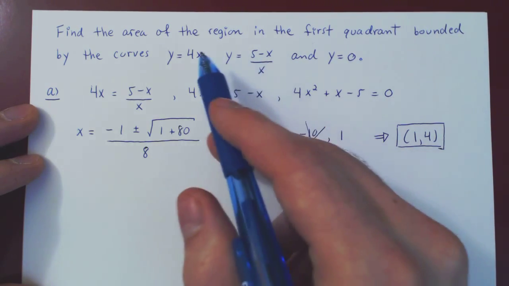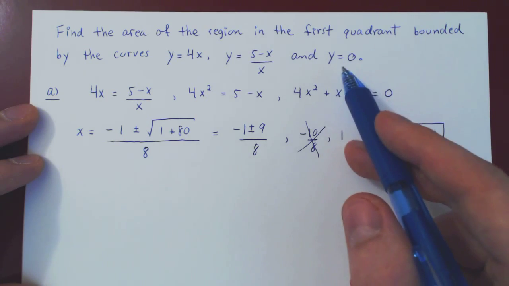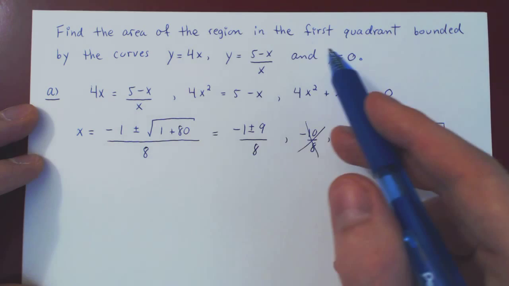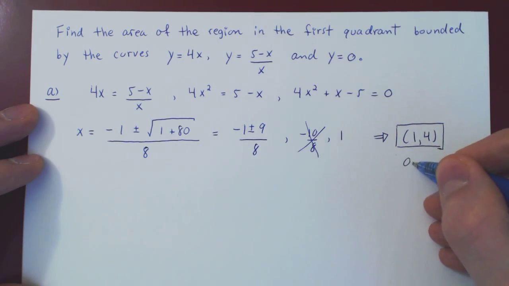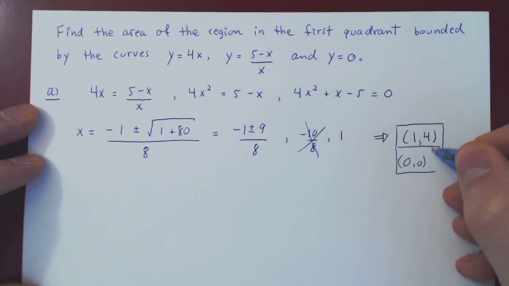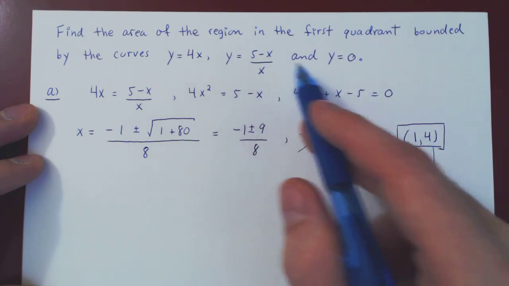And we can see if these two curves also intercept with y equals 0, the x-axis. Well, clearly, y is 0 here when x is 0. So we have the origin, (0, 0). This is pretty trivial. And what about this curve? Where is this equal to 0?